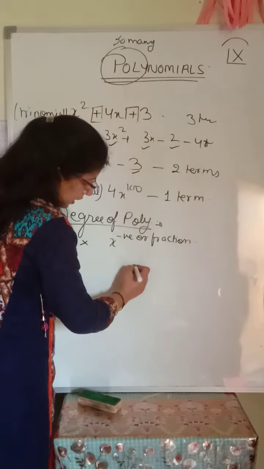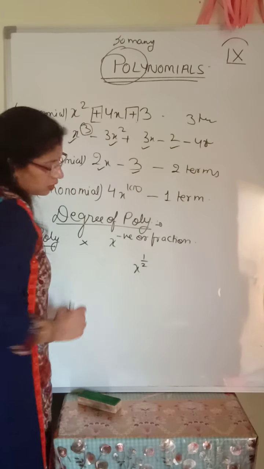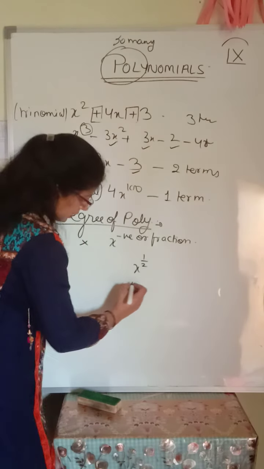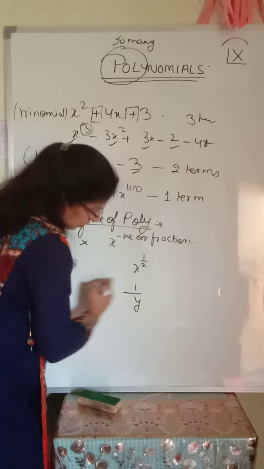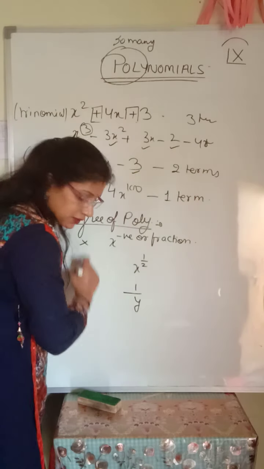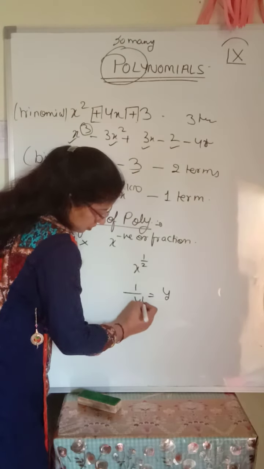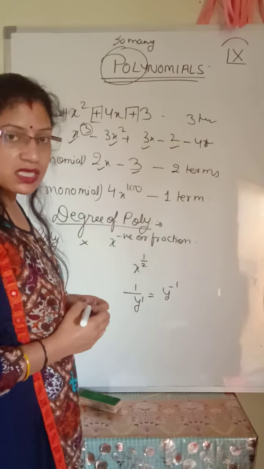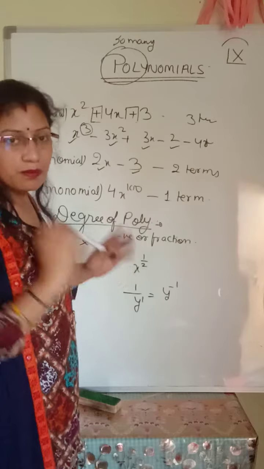Example: x to the power 1 upon 2. The power is in fraction, so this is not a polynomial. Or I can write 1 upon y. Bring it up: y raised to the power minus 1. The power is negative, so this is also not a polynomial.